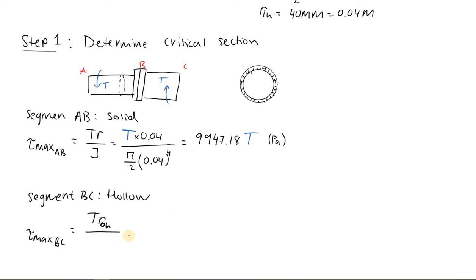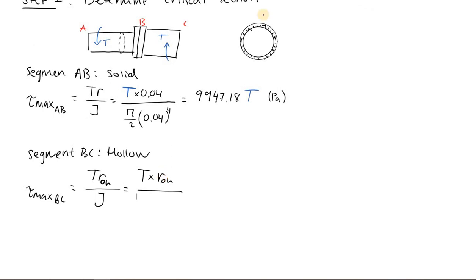We're going to divide it by our rotational moment of inertia. I'm going to write it out separately. So again, my torque times radius of the complete circle, and then my rotational moment of inertia, where we look at simply just the material section. So pi on 2.